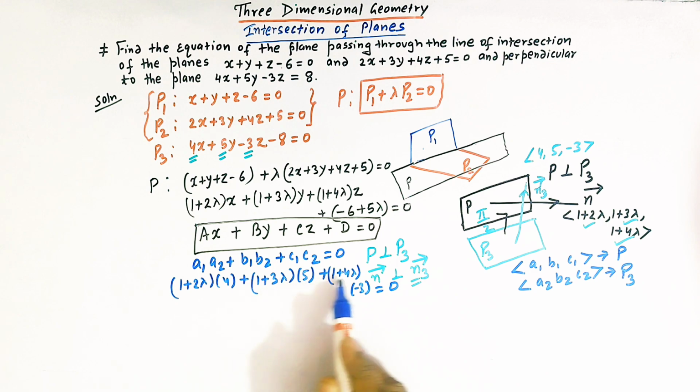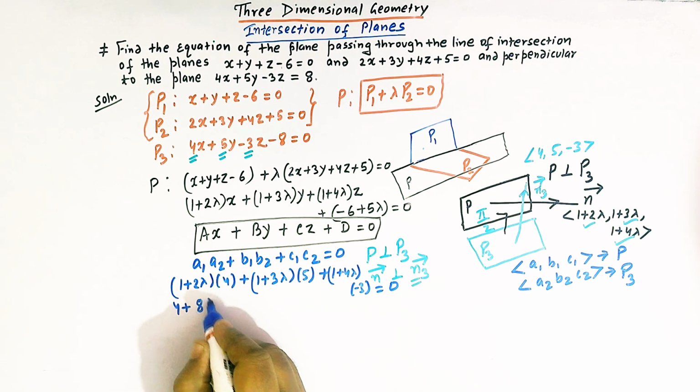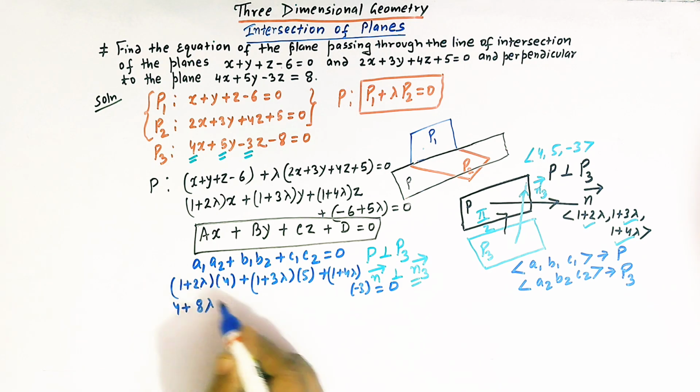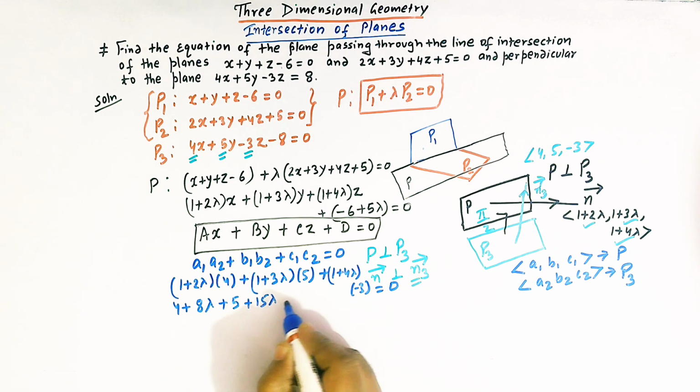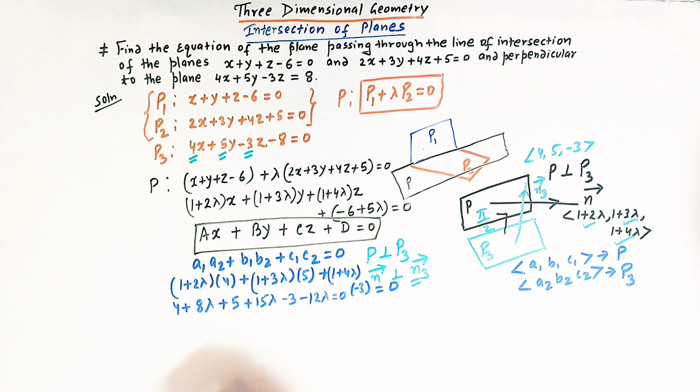So now we have a linear equation in lambda: 4 plus 8 lambda, 4 ones are 4, 4 twos are 8. Then we have 5 plus 15 lambda. Then here we have minus 3 minus 12 lambda is equal to 0.